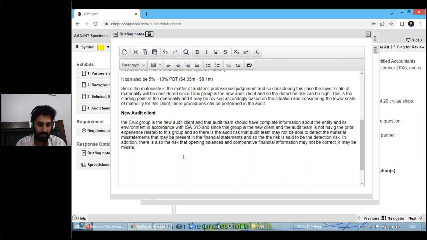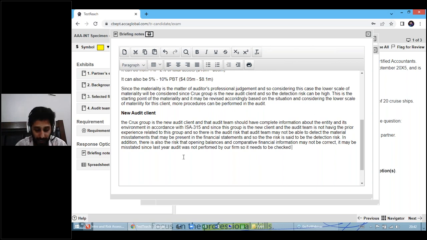It may be misstated, since last year's audit was not performed by our firm. So it needs to be checked.